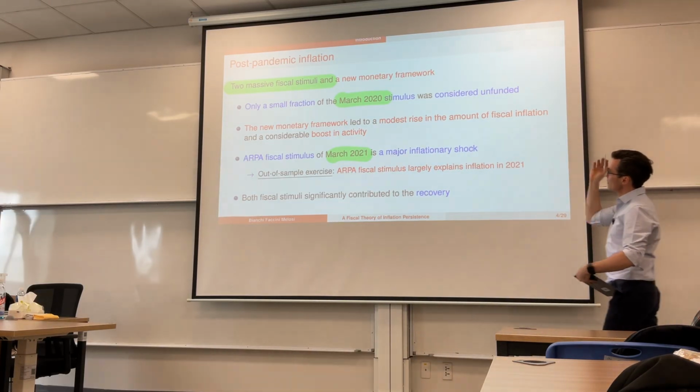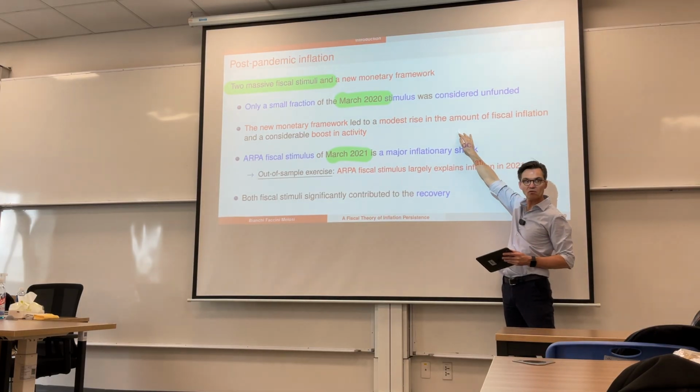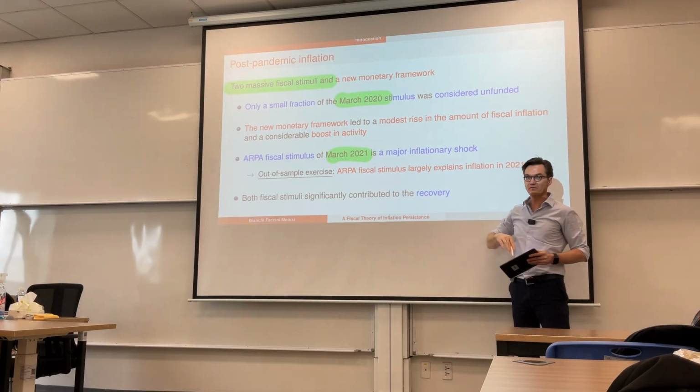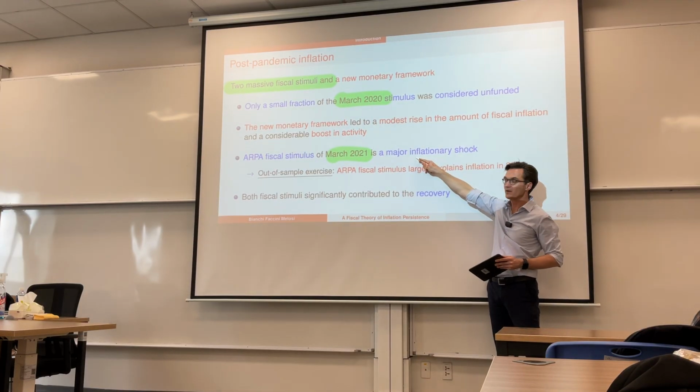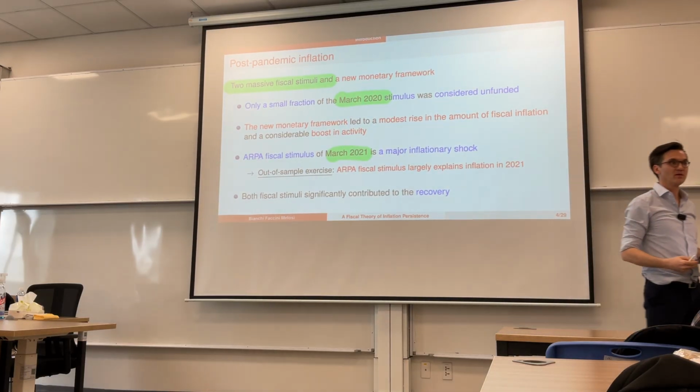And through the lens of their analysis, the first stimulus was backed by future tax raises and didn't lead to much inflation, but the second one produced a lot of extra inflation.